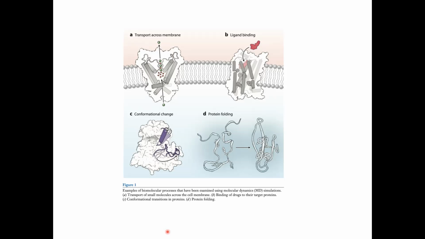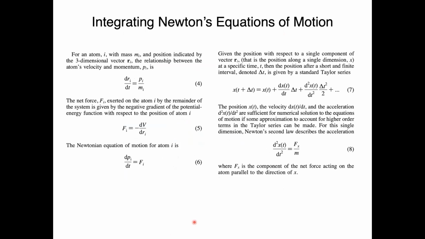But there's another thing that we need, right? Simulations require initial coordinates. Then we can also choose some initial velocities. But there's another thing we need. Remember, the forces are just the negative gradient of the potential with respect to positions, right?